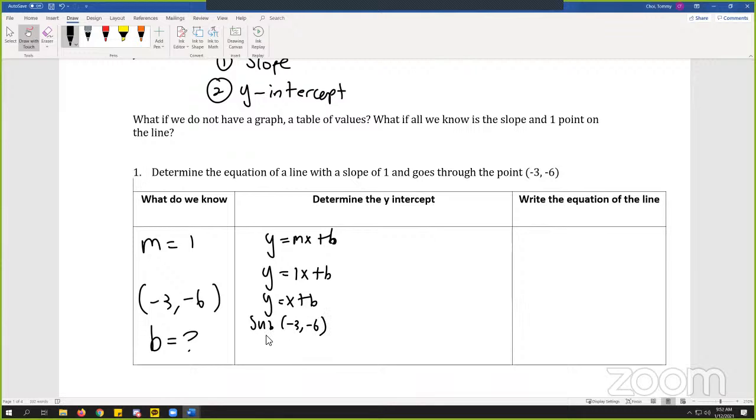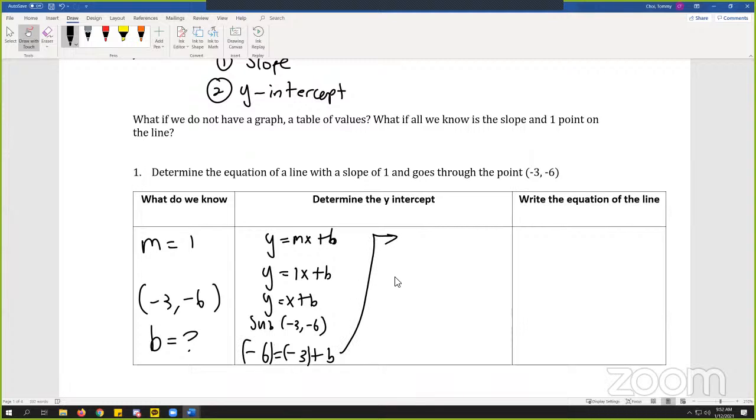And the reason why we can do that is because that point is on the line. If that point is on the line, it exists and it works for our equation. So plugging this in, we should get y is negative 6 equals x, which is negative 3, plus b. Okay?